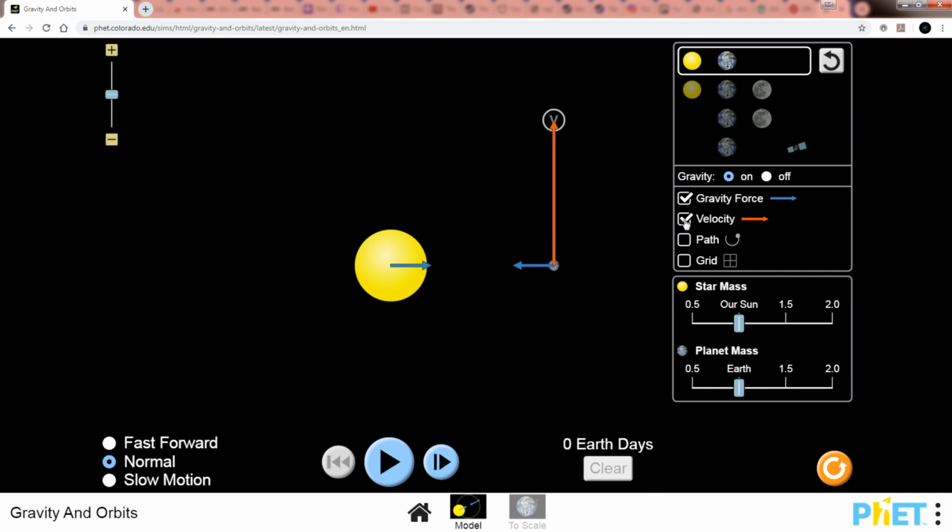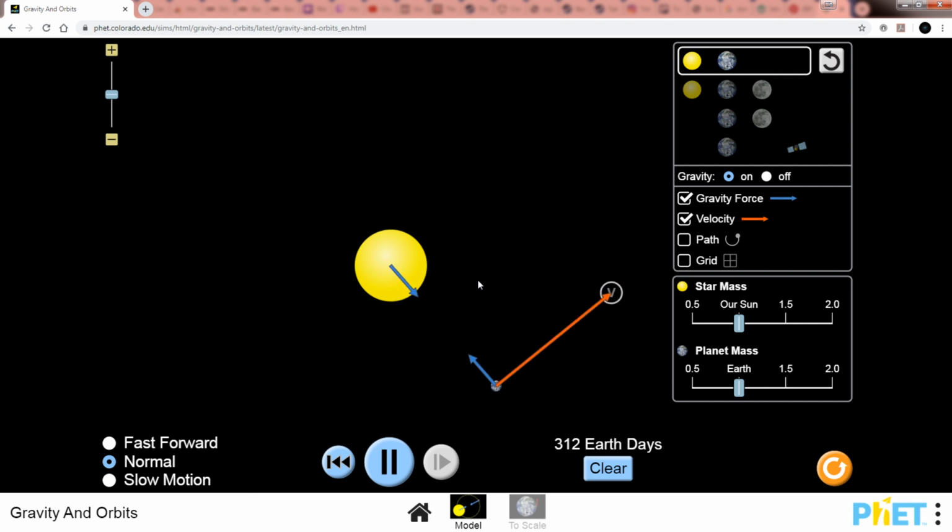Now, one thing to bear in mind, the velocity is always tangential to the gravity force. So what that means is it's always at a right angle, so if we press play, that's always at a right angle to the gravitational force. It can't not be.